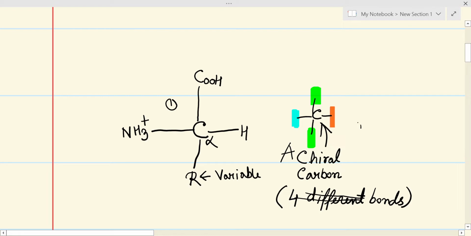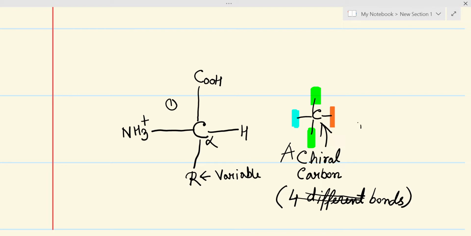So chirality is basically defining how many different bonds are there to a carbon atom. If a carbon atom is chiral or asymmetric in nature, then it will rotate the plane polarized light in either dextro or levo direction.